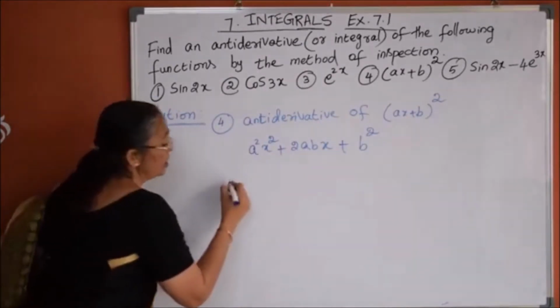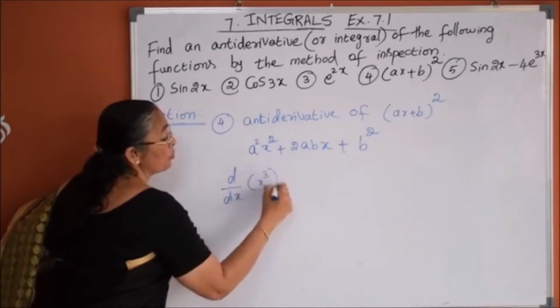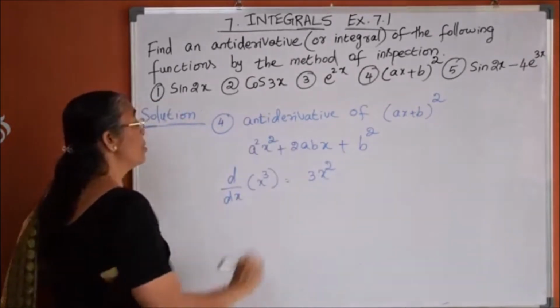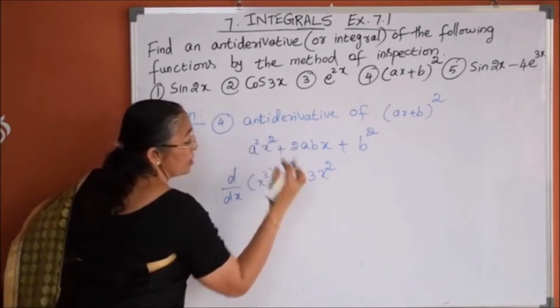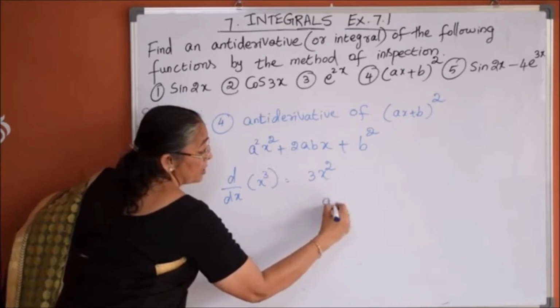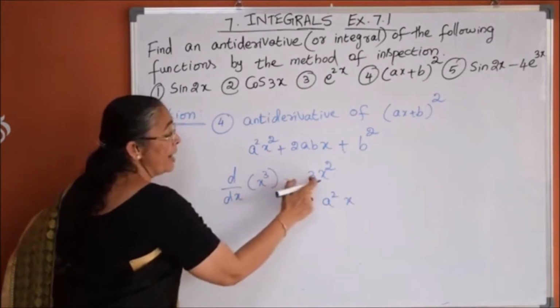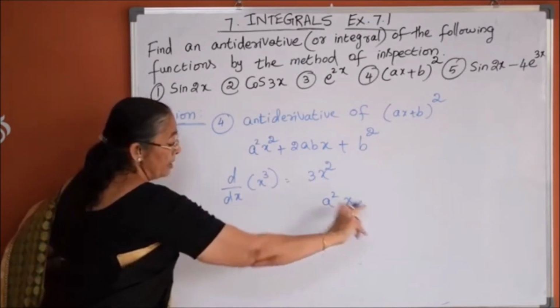So, using that, let me write first: differentiation of x cube will be 3x square. But we need a square x square. So, let me multiply by a square and divide by 3 on both sides.